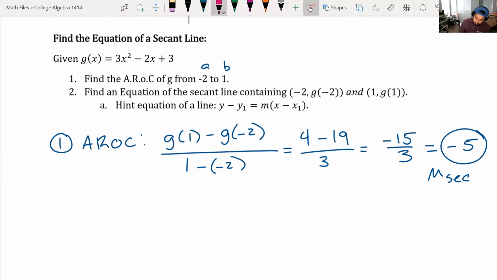Let's try purple. So first thing we need, well, actually, what I wrote down here is a special formula called the point slope formula. It helps you find the equation of a line. So let me write that down.